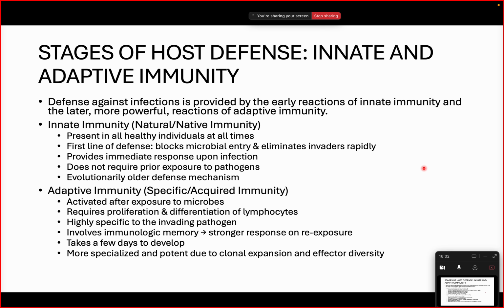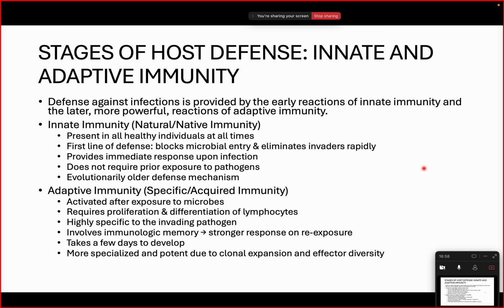Defense against infections is provided by the early reactions of innate immunity and the later, more powerful reactions of adaptive immunity. So, innate immunity, also known as natural or native immunity, is present in all healthy individuals at all times.